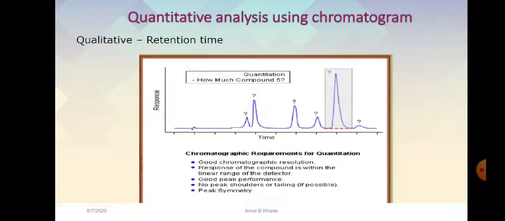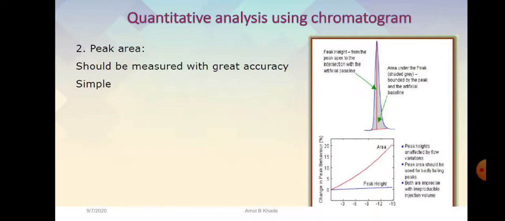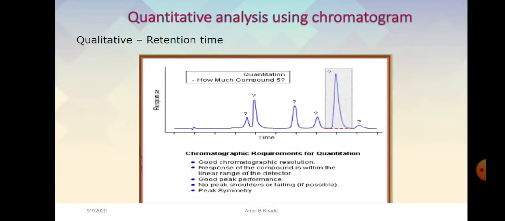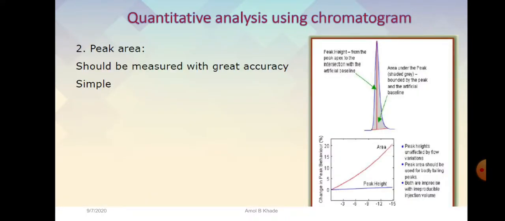The chromatogram is very widely used for quantitative estimation. When we talk about quantitative estimation, there are two things. The first is the peak height. If this is a peak which has been eluted, we can put the baseline here.